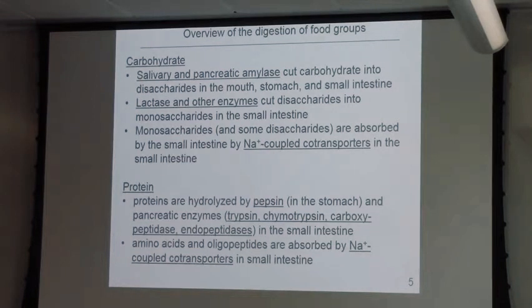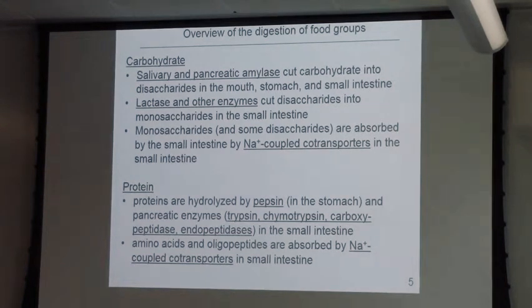You actually start to digest it in your mouth, because when you chew it, you mix it with saliva, and the saliva contains an enzyme called amylase, which starts to break down the starch into shorter polysaccharides and monosaccharides. So amylase is one of the enzymes that breaks polysaccharides, starches, into shorter chains like oligosaccharides and sugars, monosaccharides.